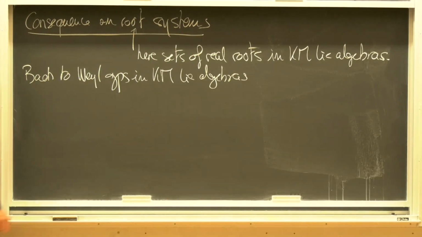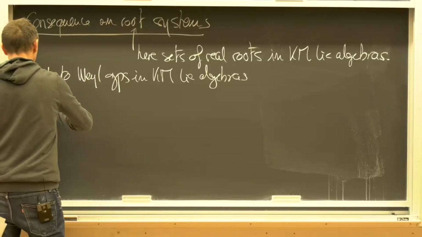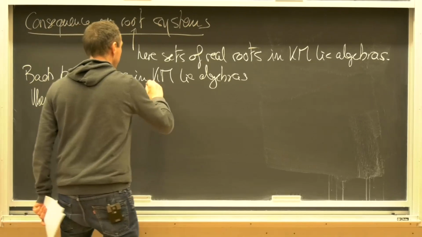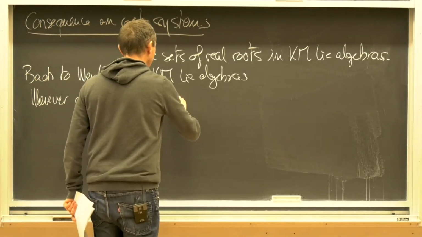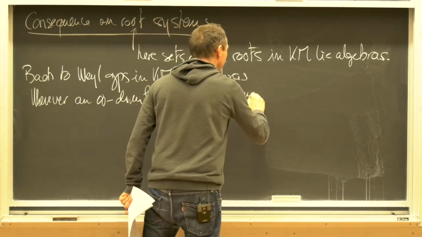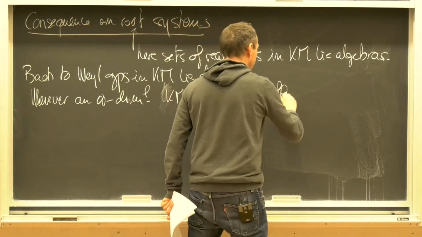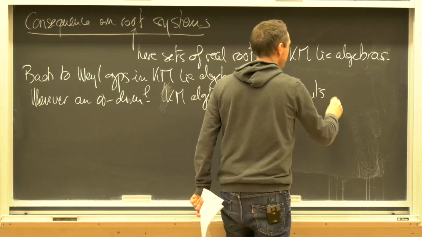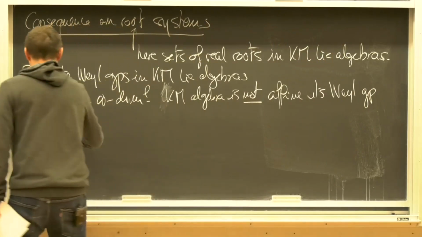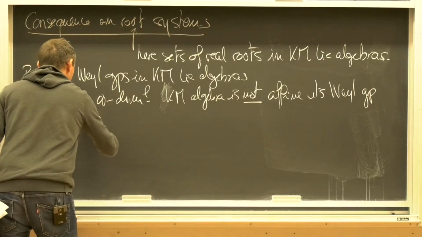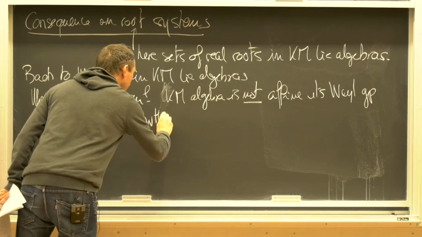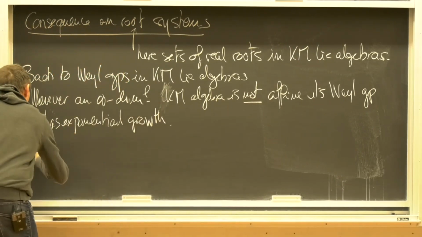This is how you can read this. The question is, what are the consequences on the root system?